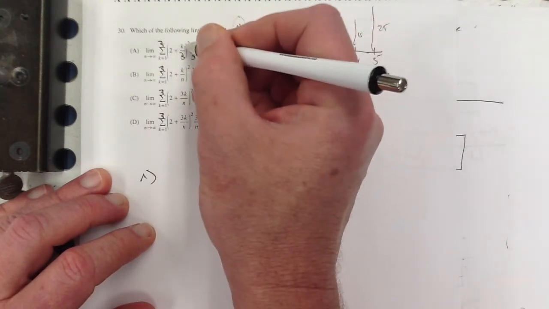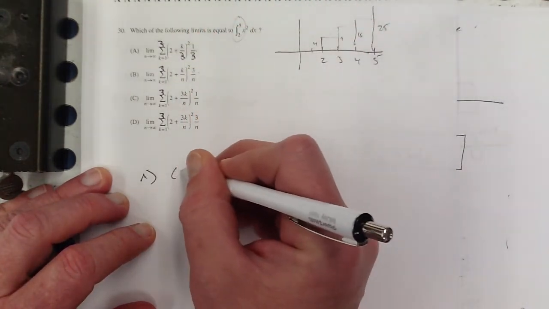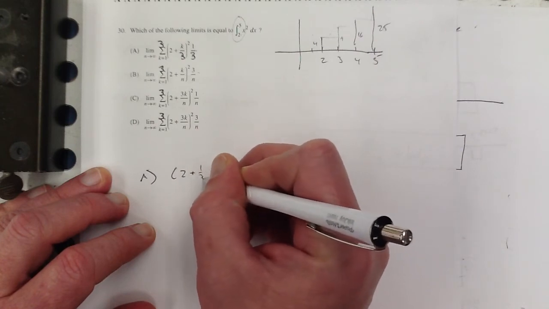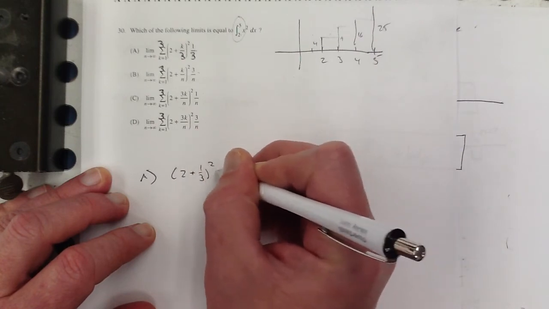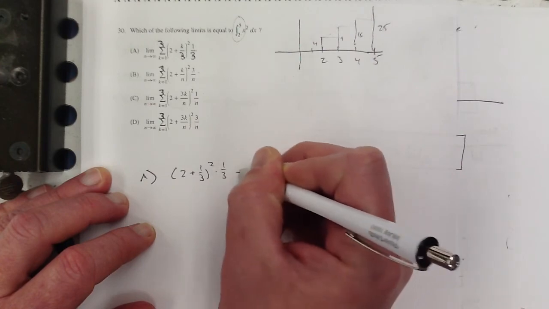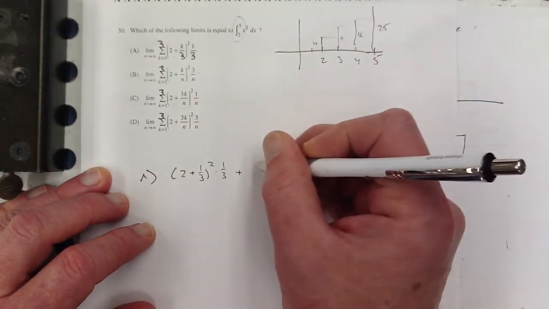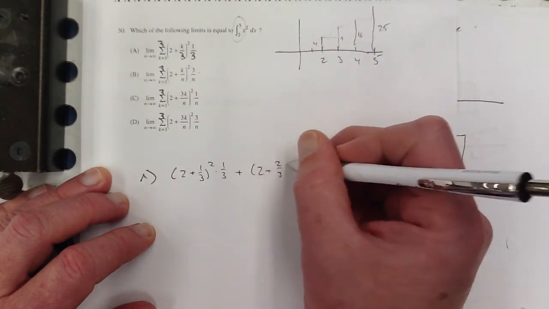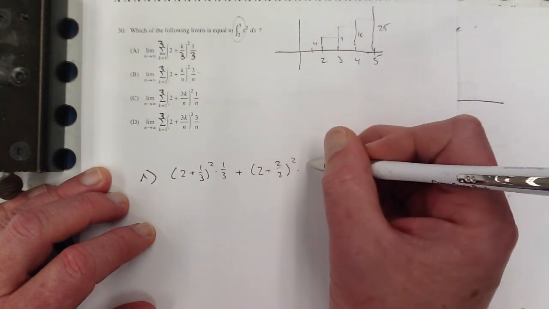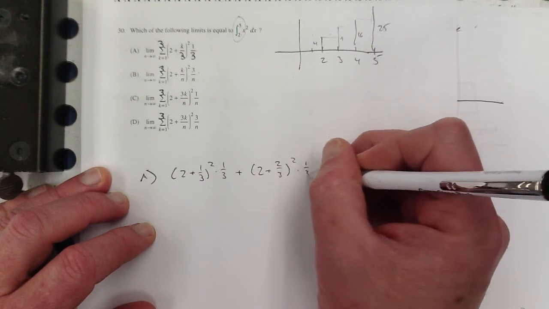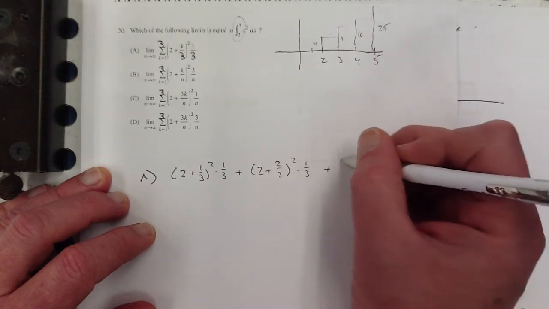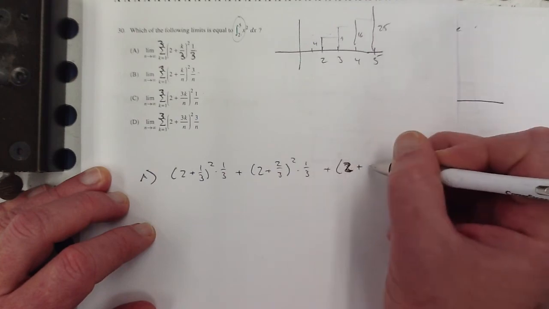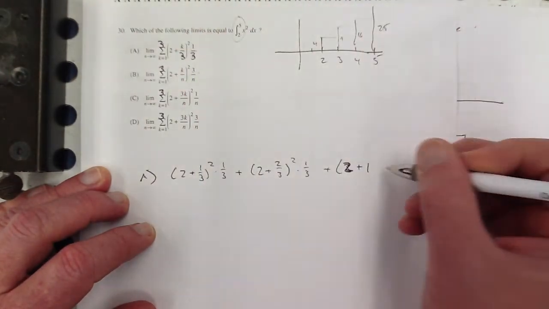So if I plug in 1, I get 2 plus 1/3 squared times 1/3, plus 2 plus plugging in 2 for k, and then plugging in 3 for k, so 3 over 3.